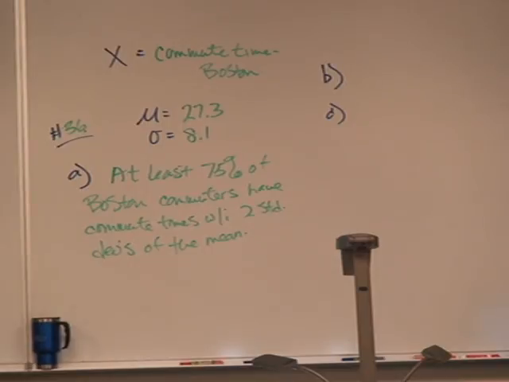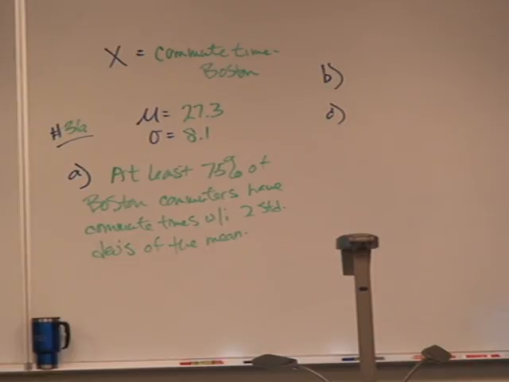So you may have to do this once or twice on your homework, but I wouldn't ask you this on a test. So recall that in Chebyshev's theorem, the number of standard deviations away from the mean has to be strictly greater than 1.